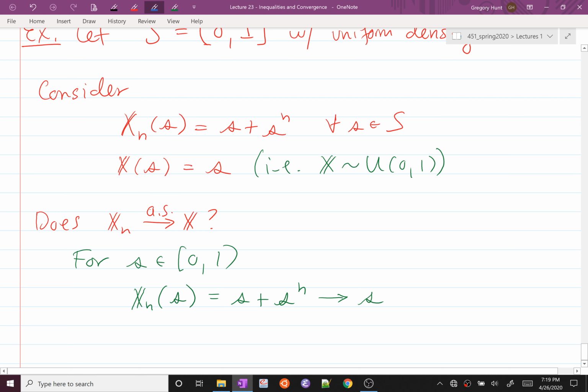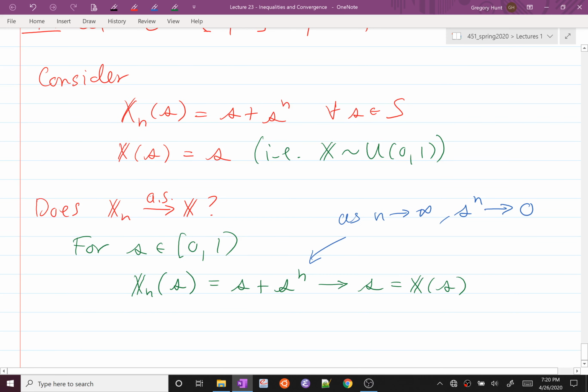Why does that happen? As n goes to infinity, we have a number between 0 and 1, and s to the n is going to go to 0. You're taking a number between 0 and 1 and raising it to a high power. It's going to get smaller and smaller, and eventually the limit is going to be 0. So s plus s to the n is going to go to s, and that is x of s.